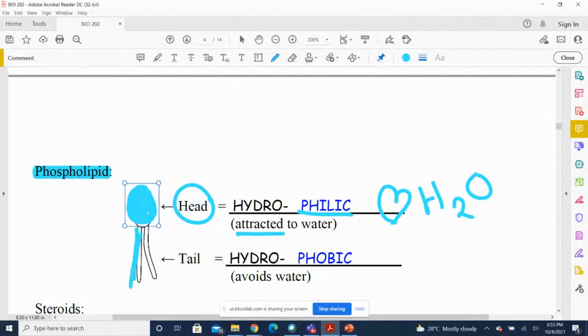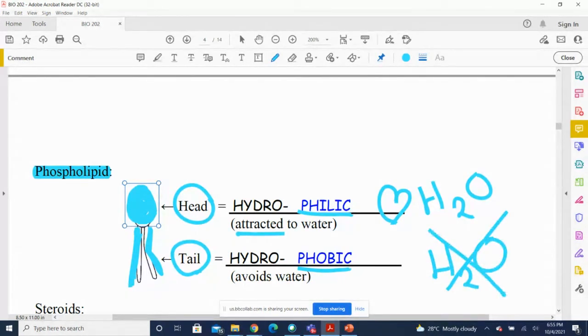The tail parts instead, and here you'll see both saturated and unsaturated fatty acid chains, are what we call hydrophobic. So they do not like water, they avoid water. And this is what caused the spontaneous arrangement of these phospholipids.